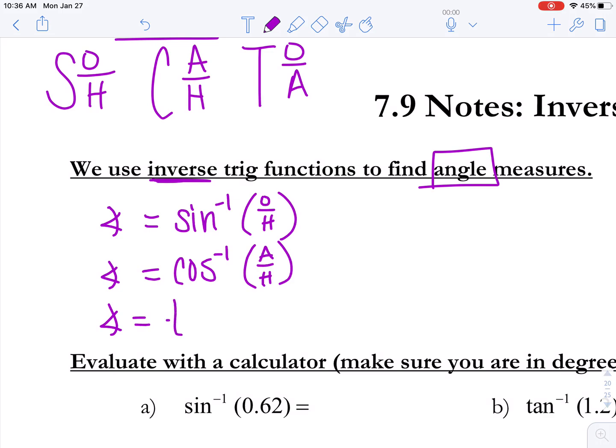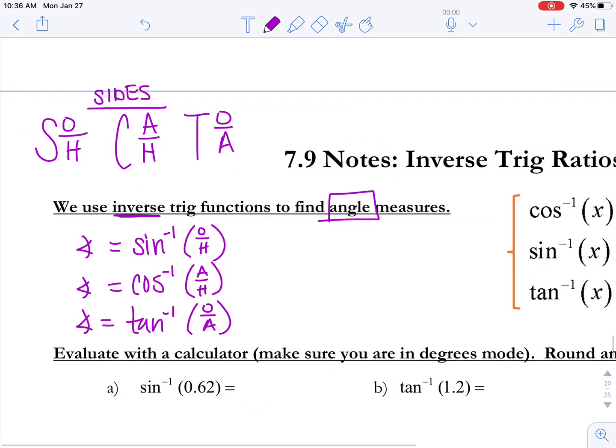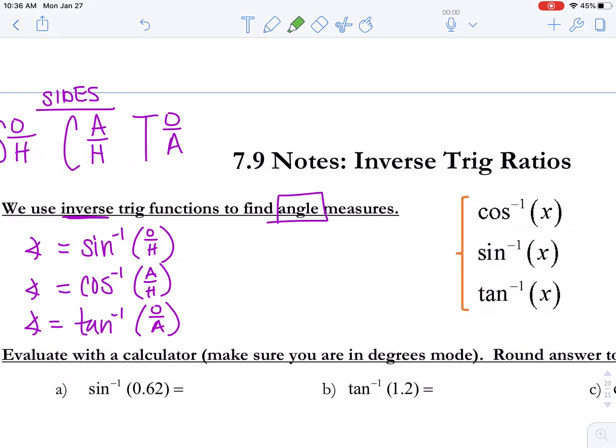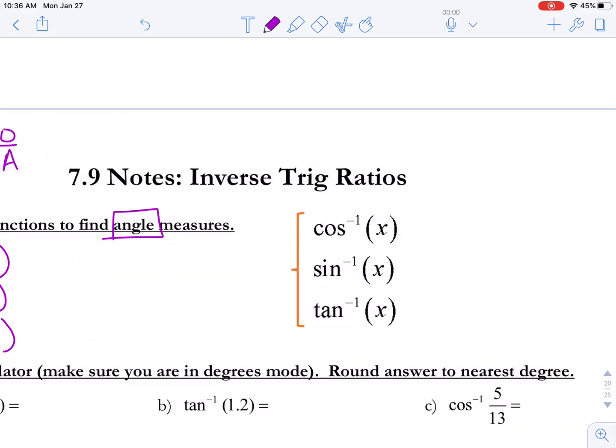Or, last option, inverse tangent of the opposite over adjacent. Now, this little -1 means inverse, not raise to the negative first exponent. It's not an exponent, it's just a notation for inverse. And remember, all of these inverses are going to help us solve for angles.